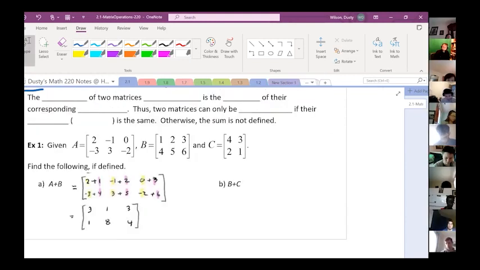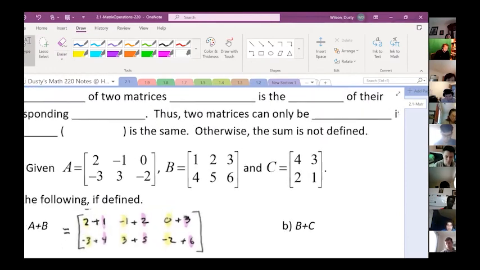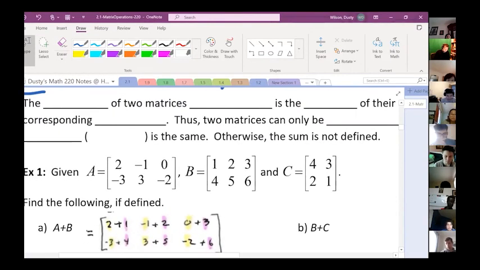So good morning. We're going to continue in section 2.1 talking about matrix operations. And we would say that the sum of two matrices, like A plus B, is the sum of their corresponding entries.